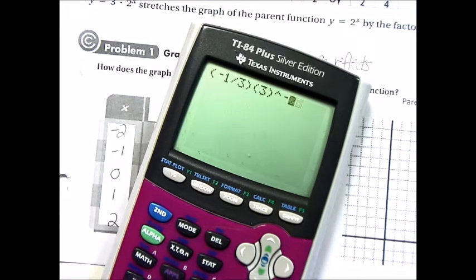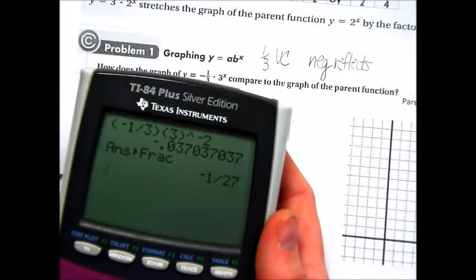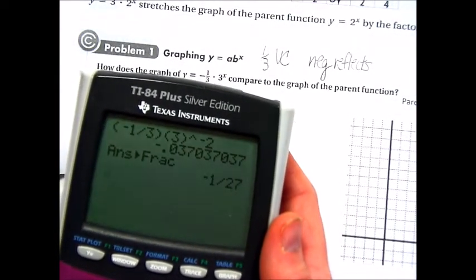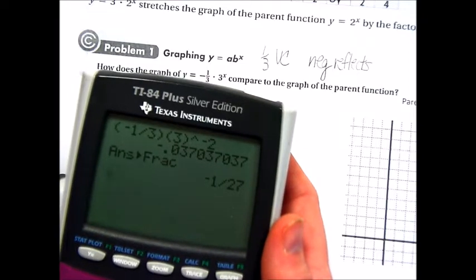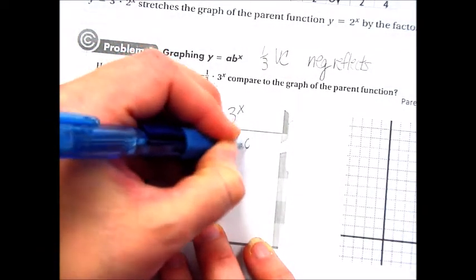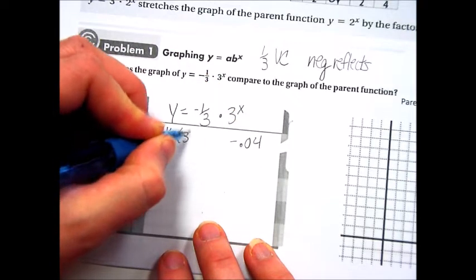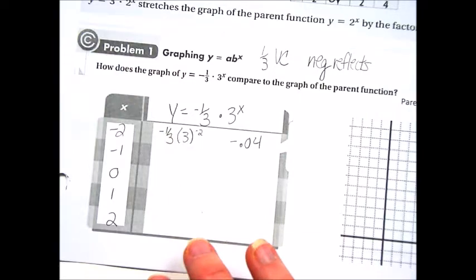If we want it as a fraction, we get -1/27, but I'm going to keep it as a decimal and round to -0.04. If you want to write down what you did in your calculator, it was -1/3 times 3 to the -2nd power.